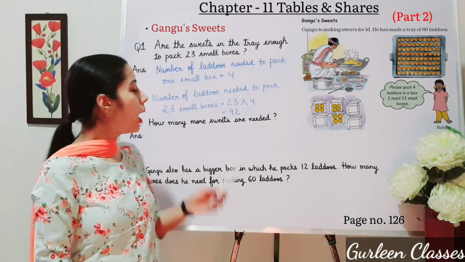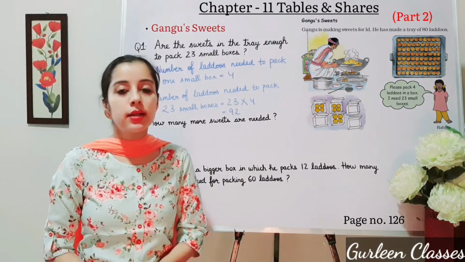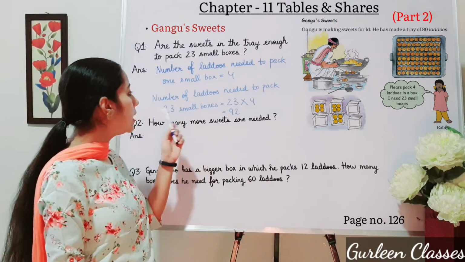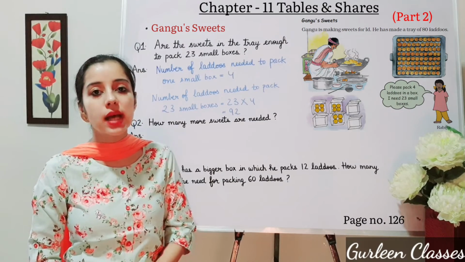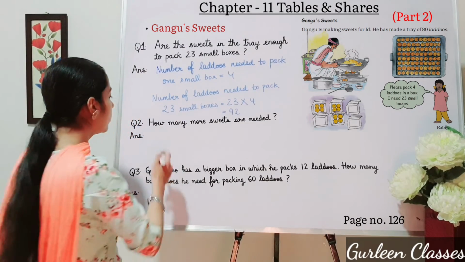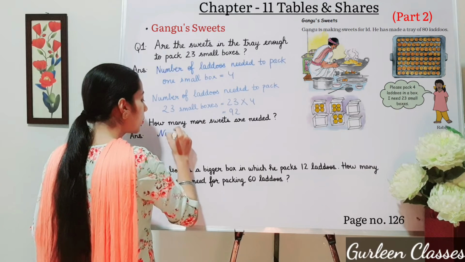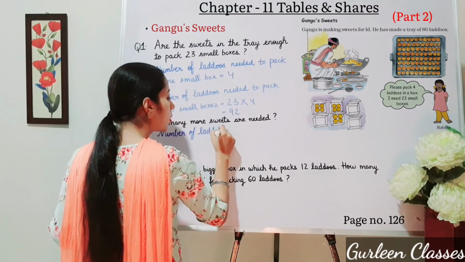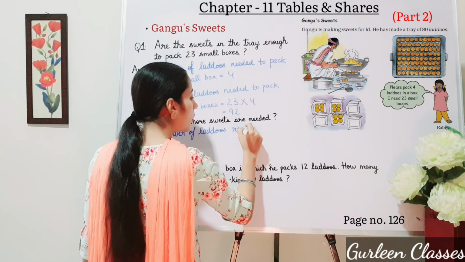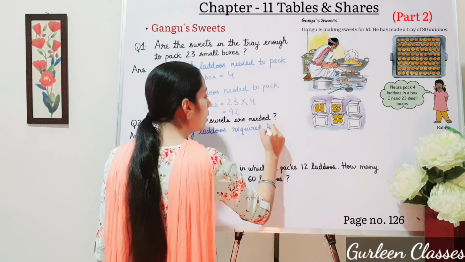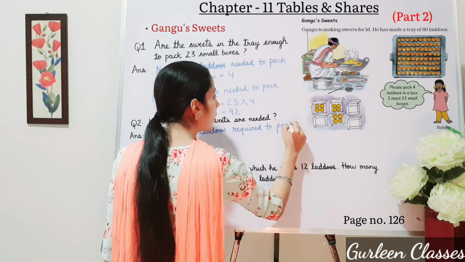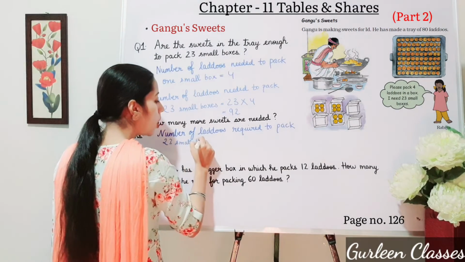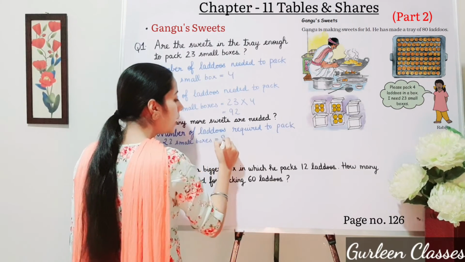Question number 2, how many more sweets are needed? So students, number of laddus required to pack 23 small boxes, that is 92. So let us write here, number of laddus required to pack 23 small boxes, that is 92.